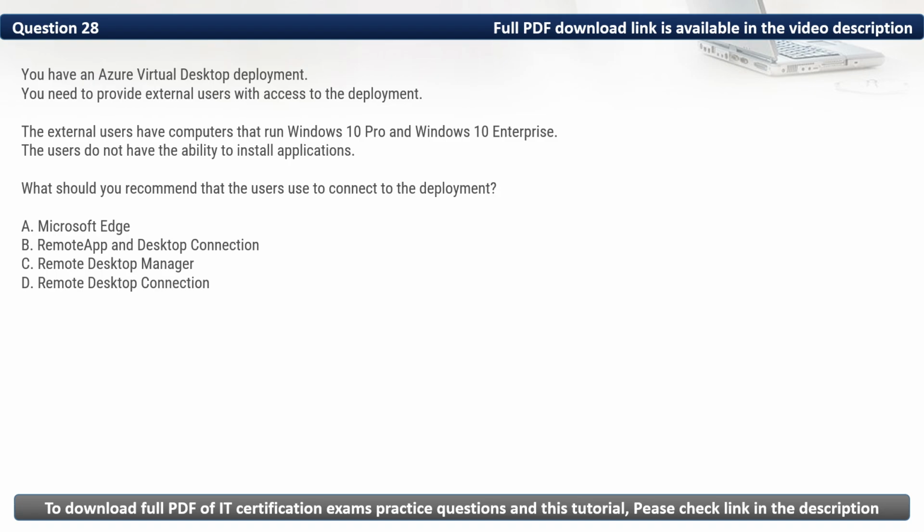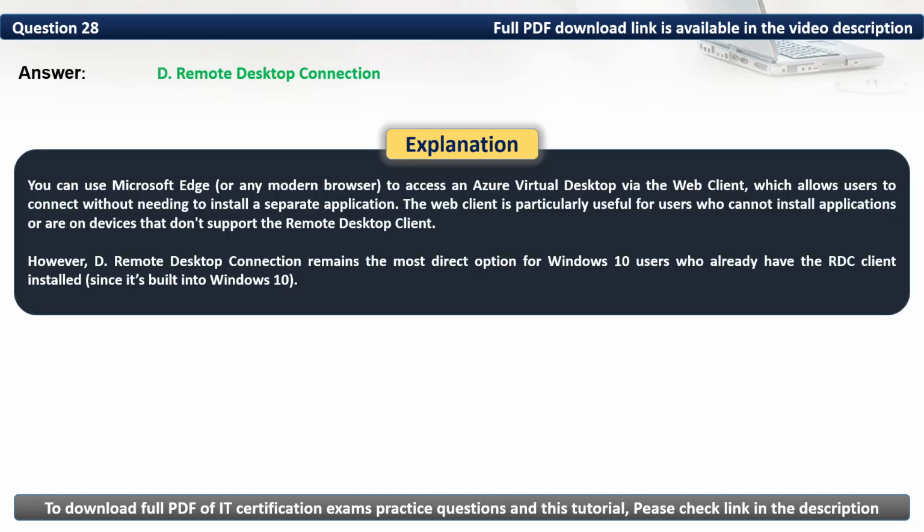Here in this question, we should recommend the users use remote desktop connection to connect to the deployment. Thus, the correct option is D. You can use Microsoft Edge to access an Azure virtual desktop via the web client, which allows users to connect without needing to install a separate application.